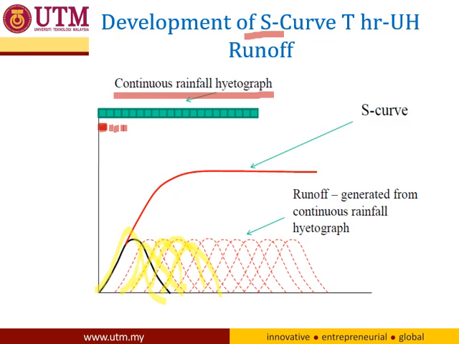So the S-curve is the cumulative of this repetitive hydrograph. More specifically runoff, because the unit hydrograph is just the hydrograph of the runoff. So this is runoff generated from a continuous rainfall hyetograph, but the S-curve is the cumulative of this. This is the curve. So you can use this curve to convert to any period, any unit hydrograph duration. So let's see the next slide.